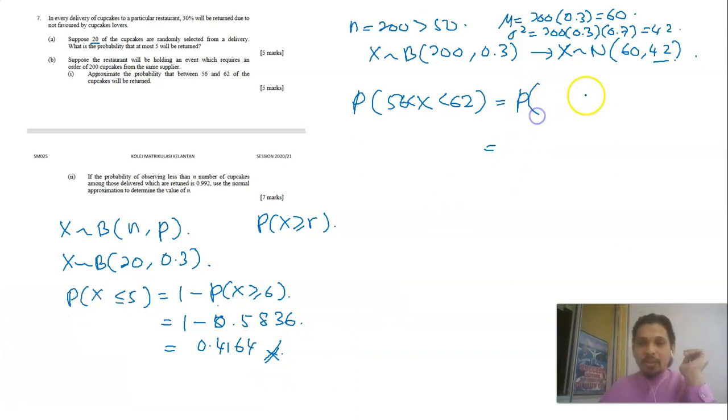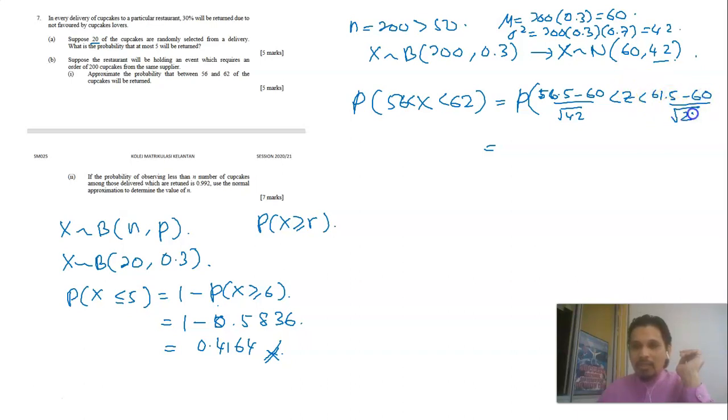So for this one now, 56.5 minus 60 divided by square root of 42, that is Z, and then also 62, 61.5 minus 60 divided by standard deviation square root of 42.